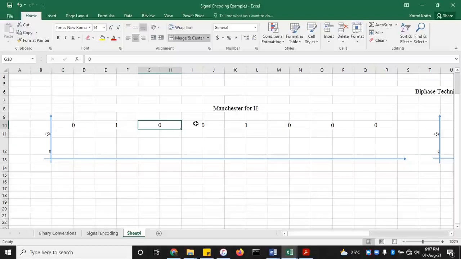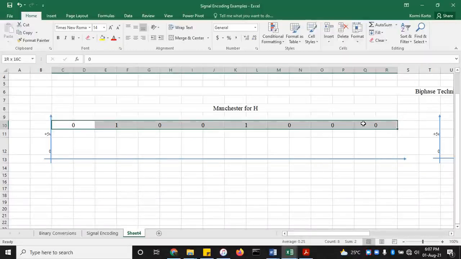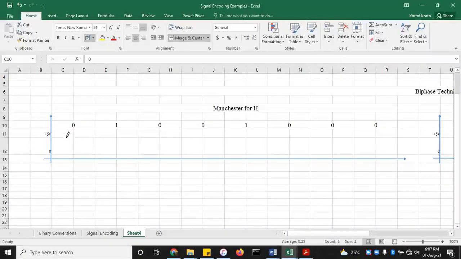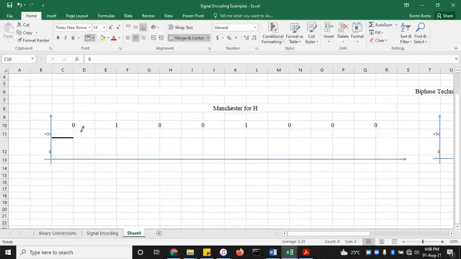Like for this message, uppercase H, based on this bit sequence, this is the order we have to go through. For 0, a high voltage start, always transition mid-bit, so always move within mid-bits.